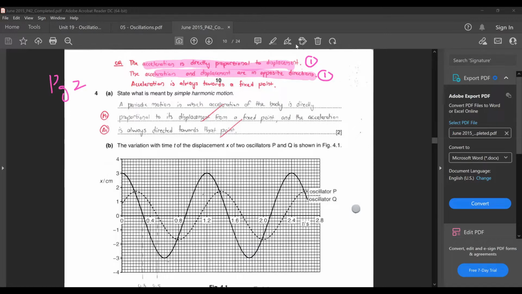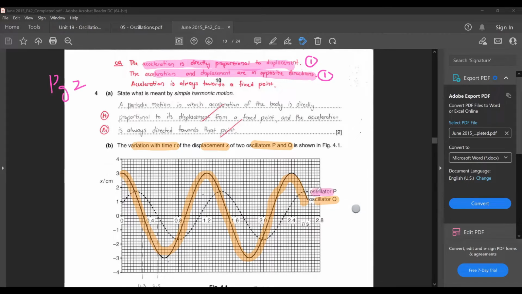Now for part B, they mention that the variation with time t of the displacement x of two oscillators P and Q are shown in figure 4.1. So you have two oscillators. Oscillator Q is the one with the solid line.